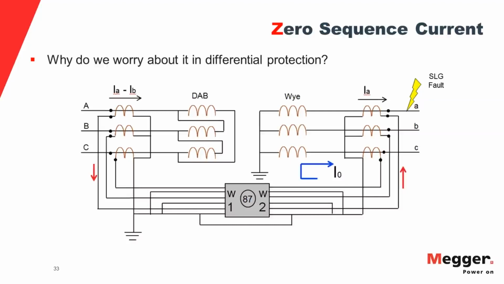So the relay will not see zero sequence currents on the primary side, but it will see them on the secondary side. So there is a difference in the currents on both sides, which could create an operating current to go beyond a value and can cause the differential to malfunction.